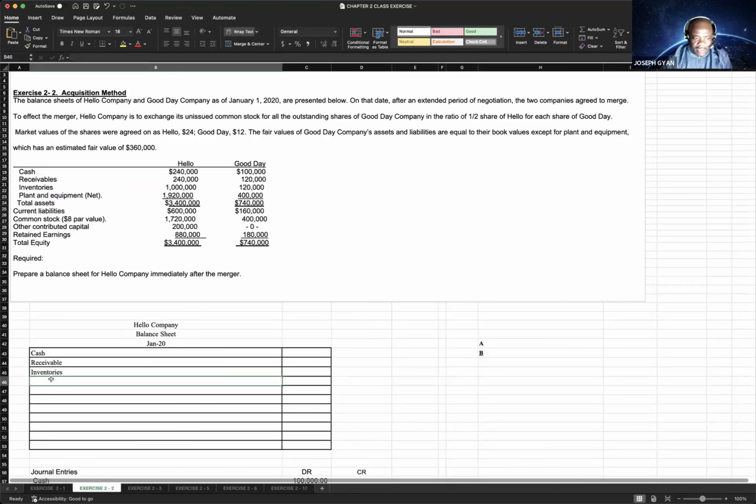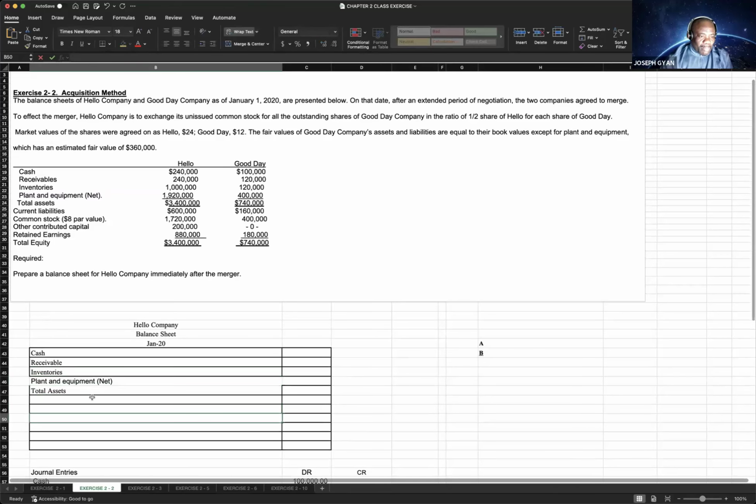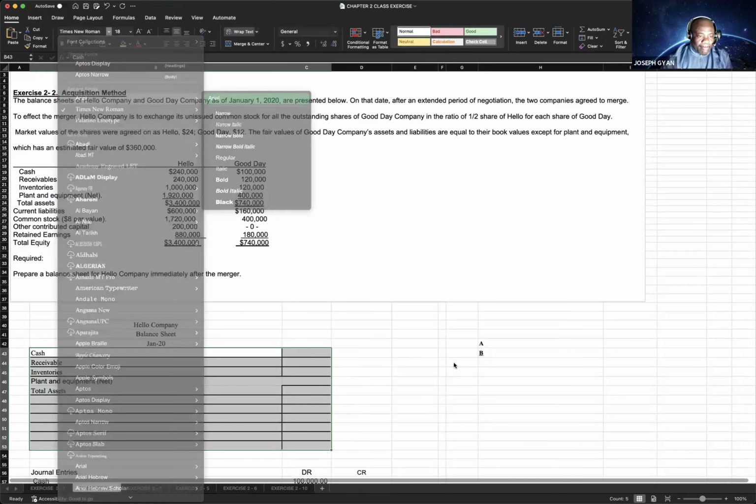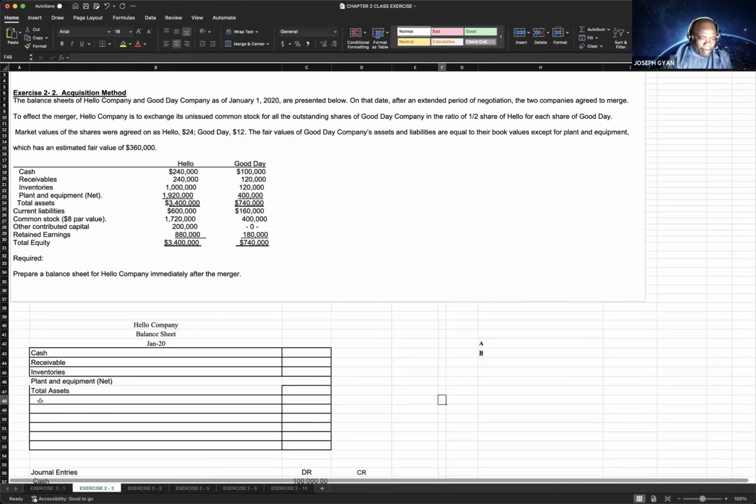We have the PPE. We have the total assets. We have the current.